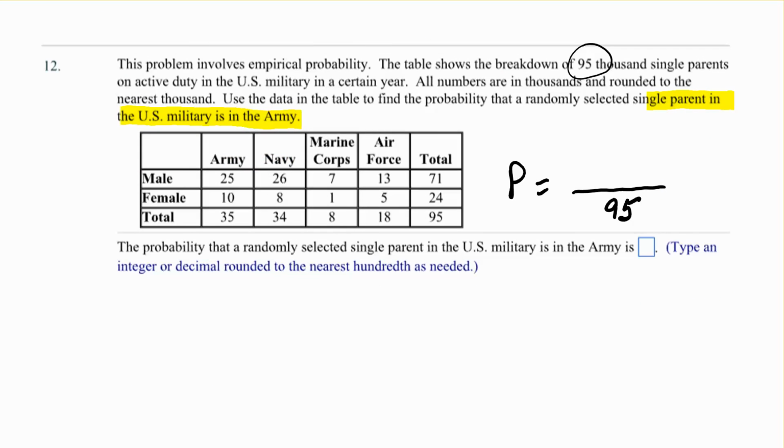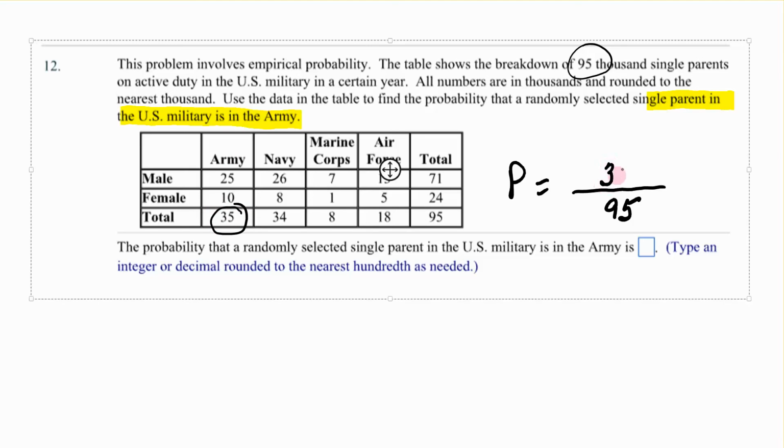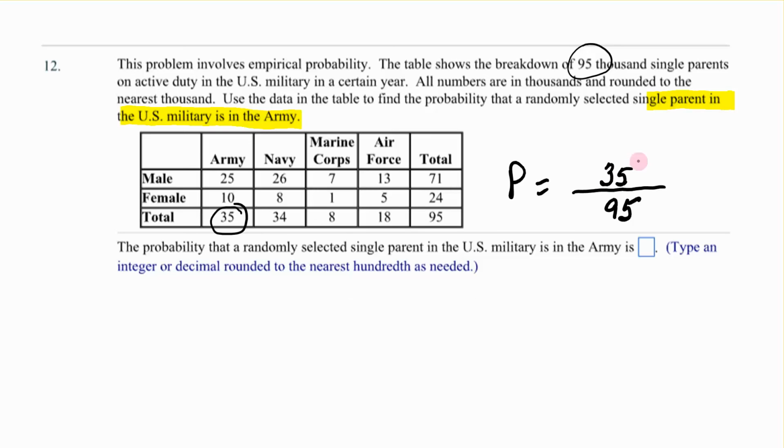All right, how many single parents are in the Army? Looking at our chart, Army, not any particular, not male or female, but total is 35. Once again, it wants this as a decimal.